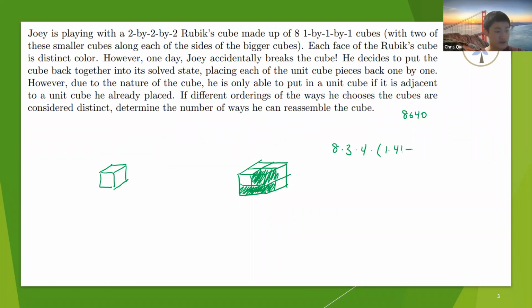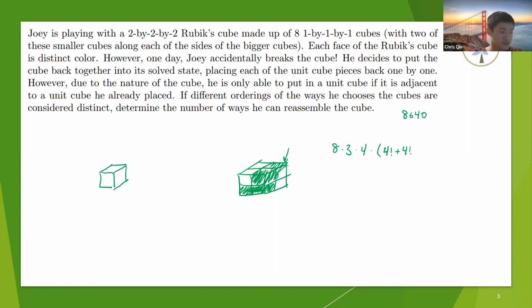The other case is if he decides to assemble one of the other cubes, so they are this one, or just these three. If you go through each of these possibilities, you can see that if he chooses this cube, there's also going to be 4 factorial ways. So let me just write it this way.